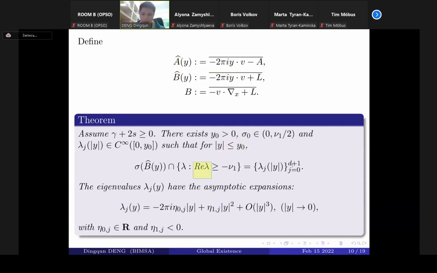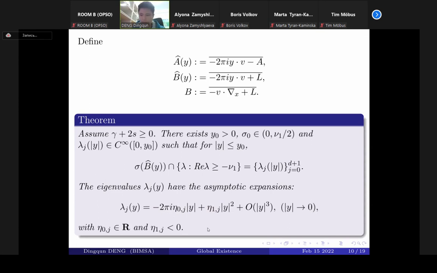There are actually d plus 2 eigenvalues. These eigenvalues have an asymptotic expansion such that the first order is pure imaginary, and the second order is negative. This will be used in the time decay for the semigroup. You remember it: the first order is pure imaginary, and the second order is negative for these eigenvalues.